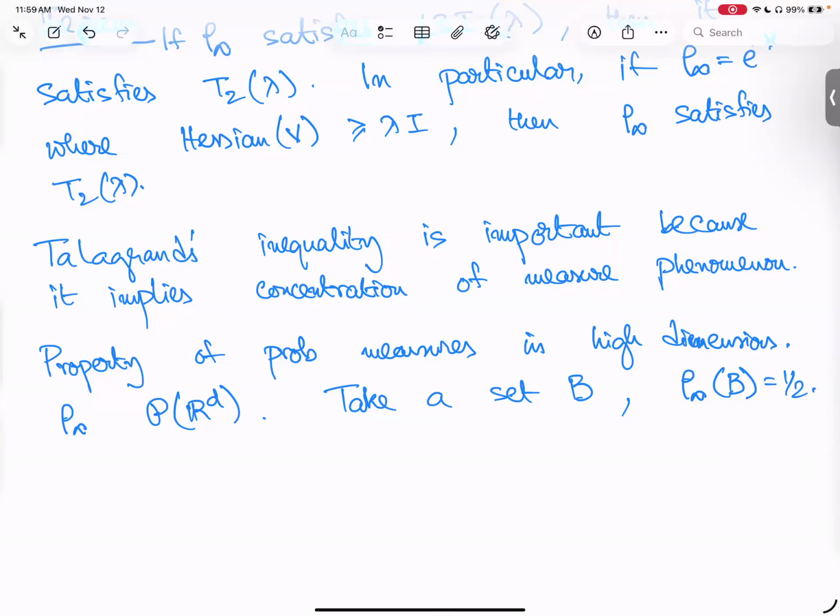So you have taken a set such that half the mass is in B. Then the concentration of measure phenomenon says that if you expand this set B by even a tiny amount, then you have almost mass 1 inside it. Okay, that's the idea of concentration of measure. So a tiny expansion of a median set B basically contains the entire mass of the probability measure. So how do I make such a statement precise?